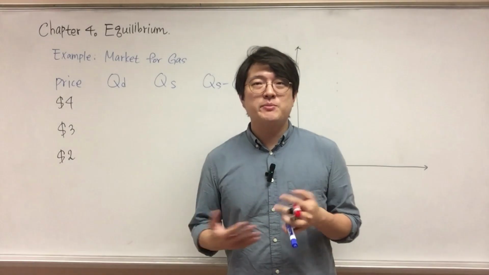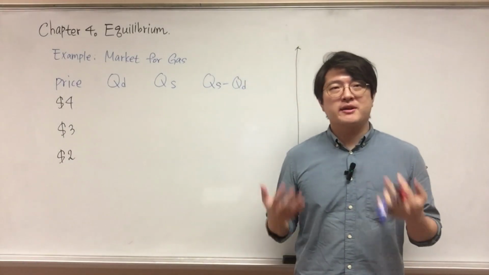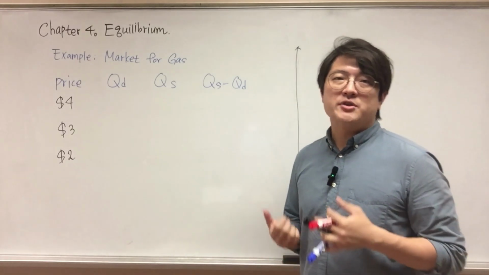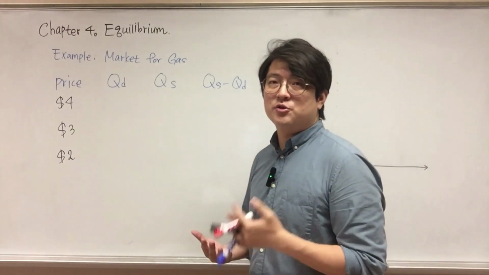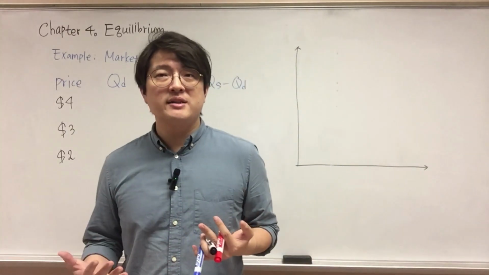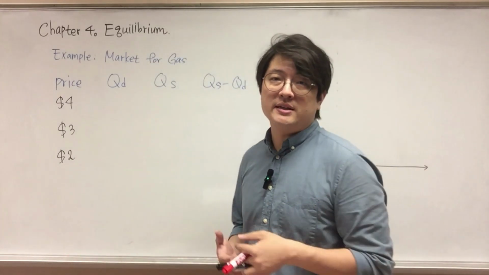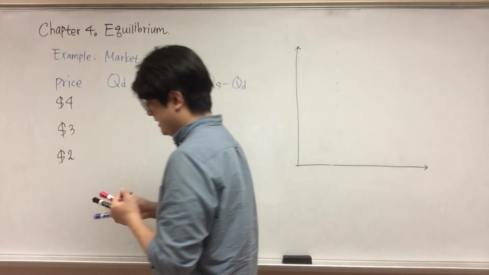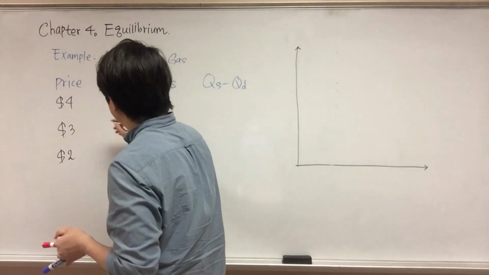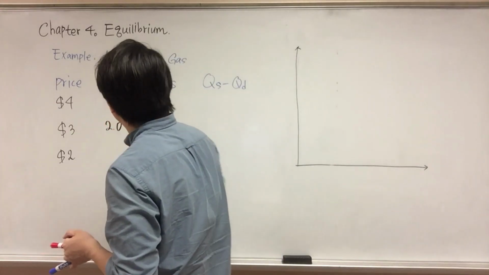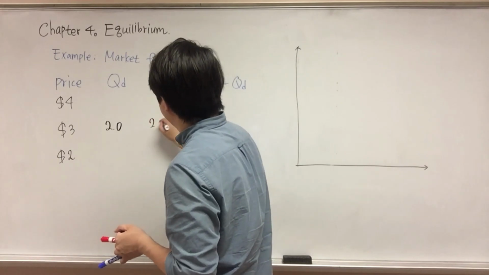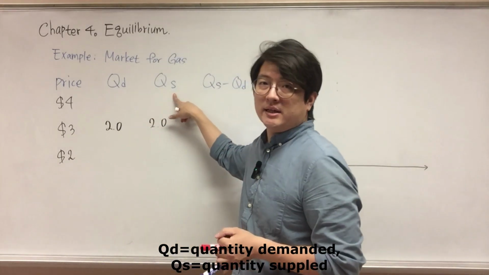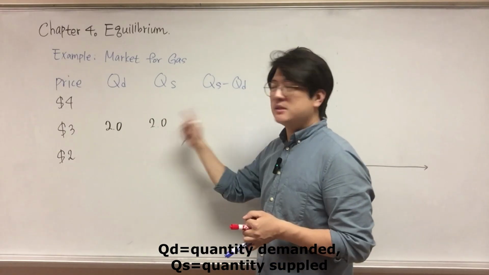I will give you an example of the market for gas. If the price is $3, we assume that the quantity demanded is 2 and the quantity supplied is also 2. So at $3, we have 2 and 2, where QD is the quantity demanded and the other is the quantity supplied. Each one is 2.